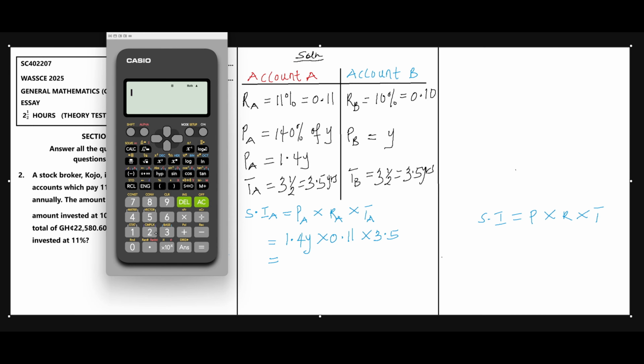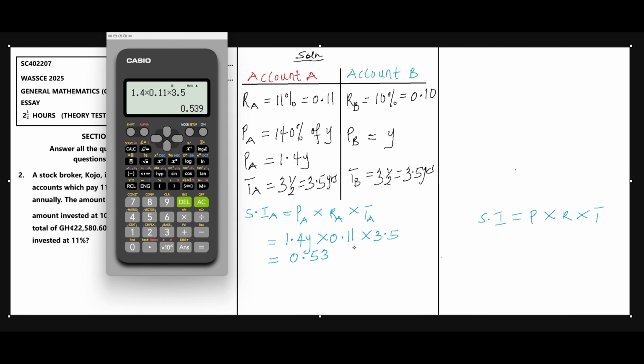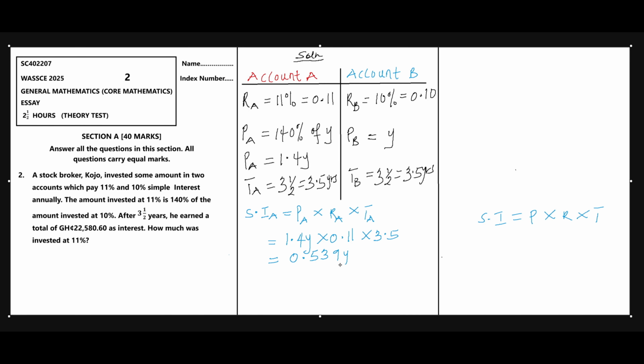So we have 1.4 times 0.11 times 3.5. So we have 0.539y as the simple interest for account A.